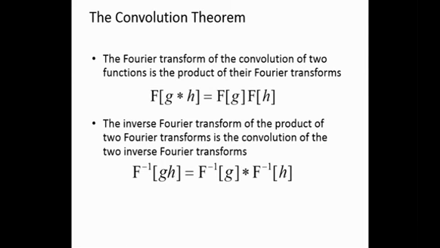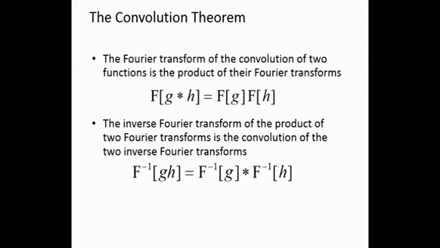There's a nice relationship between convolution in the spatial domain and multiplication in the frequency domain. So if I do Fourier G, Fourier H, element-wise multiply, and then inverse Fourier, I get back the filtered image in the spatial domain.